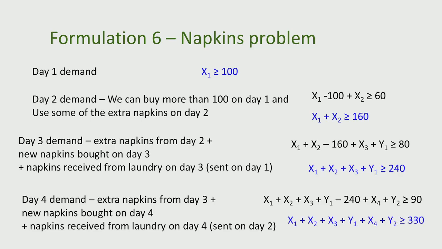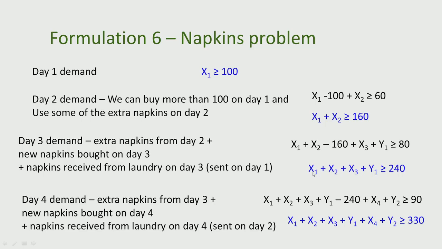Now, this is rewritten as x1 plus x2 plus x3 plus x4 plus y1 plus y2 greater than or equal to 330. Now, consistent with the pattern, you can now see the first constraint as x1 and first day's demand, the second constraint as x1 plus x2 and it has sum of 2 days demand.